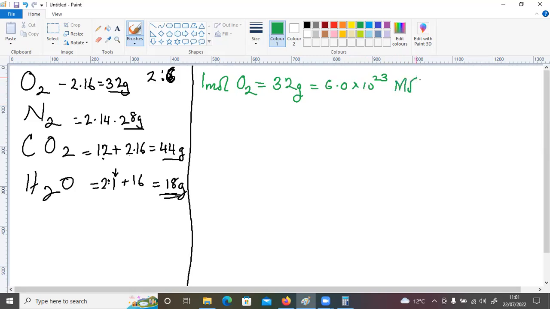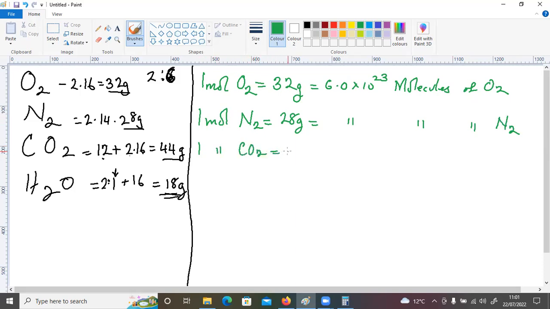I will say that 1 mole of nitrogen gas will weigh 28 grams, and this amount will contain 6.0 times 10 to the power 23 molecules of nitrogen gas. I come to 1 mole of carbon dioxide, which will weigh 44 grams and will contain 6.0 times 10 to the power 23 molecules of carbon dioxide gas. All right.